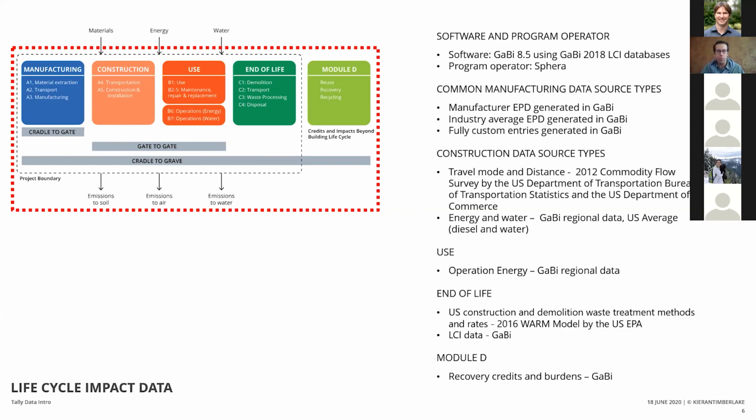So you're able to determine where they go, how much gets landfilled, how much gets recycled. And we use those percentages when it comes to the end-of-life scenarios in Tally, including, say, the various recovery streams in Module D. And then as far as recovery credits and burdens, that's all modeled by GaBi in their software. So that's where that particular data piece comes from, but the allocation would come from the WARM survey.